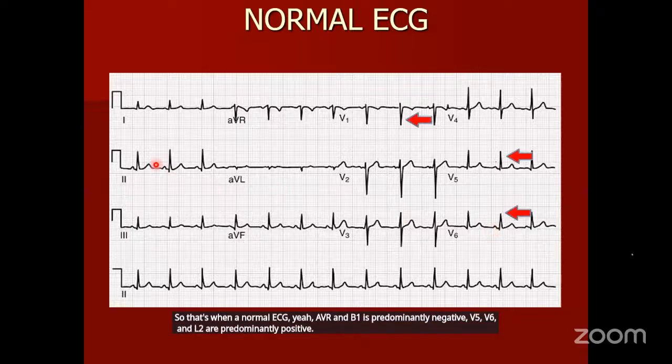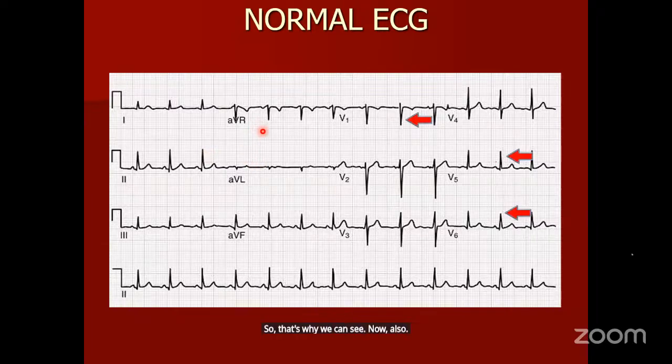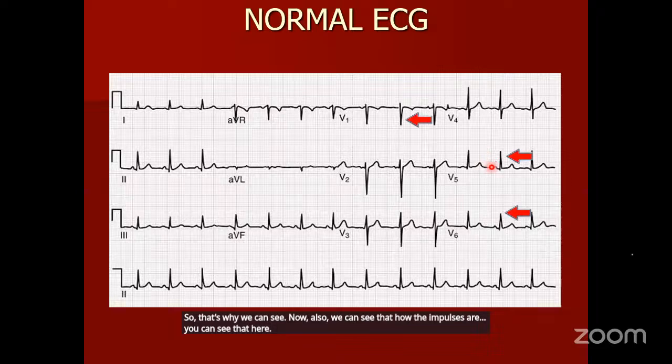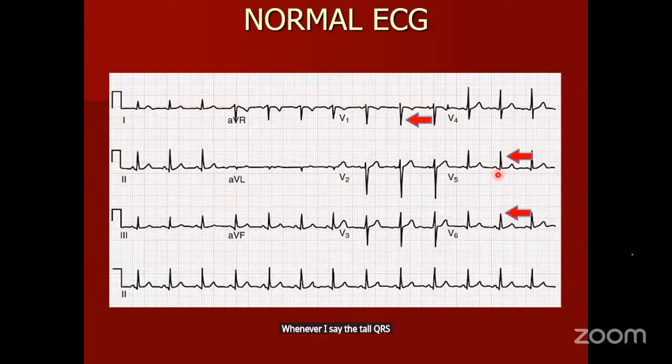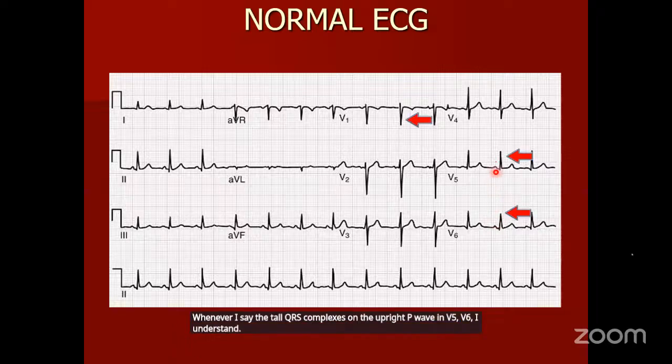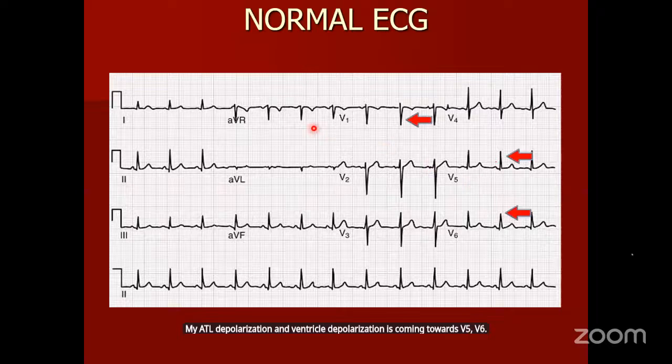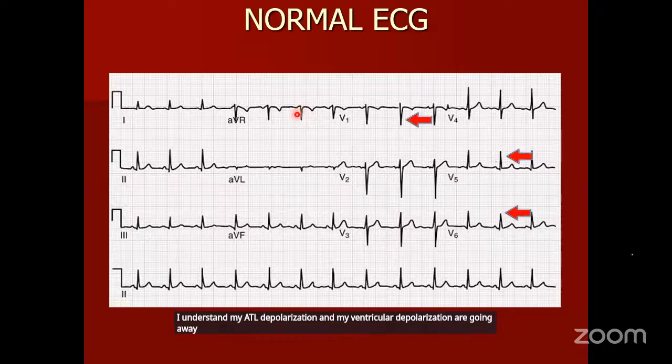So now you can see how the impulses are. Whenever I see the tall QRS complexes and the upright P wave in V5, V6, I understand my atrial depolarization and ventricular depolarization is coming towards V5, V6. Whenever I see the P wave and the QRS negative in AVR, I understand my atrial depolarization and my ventricular depolarization are going away from lead AVR.